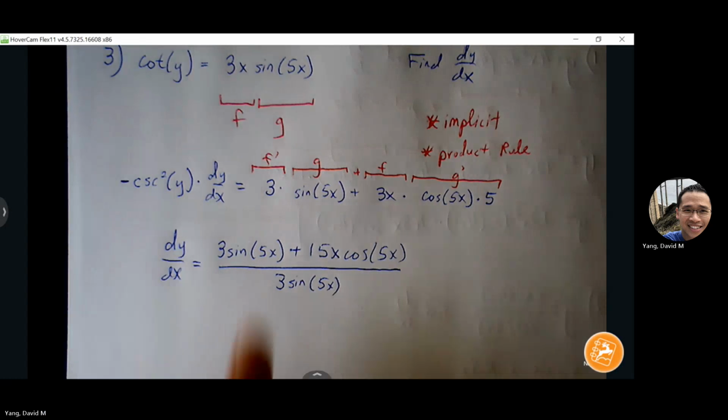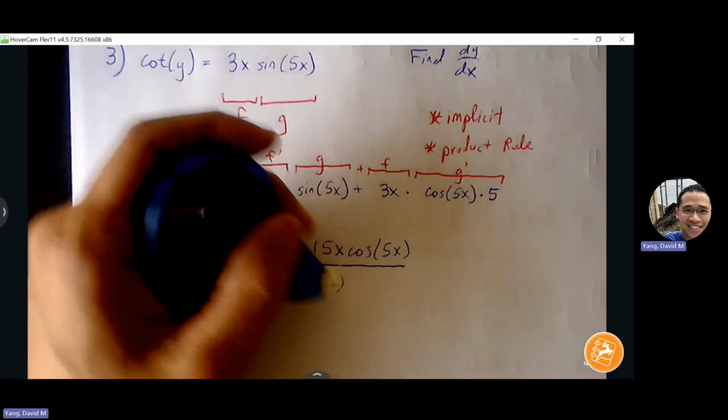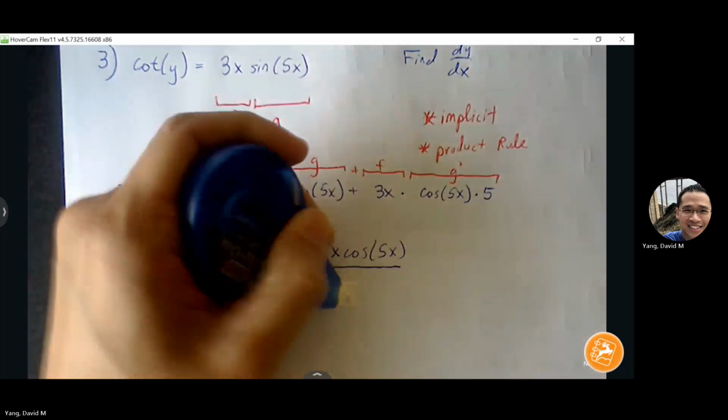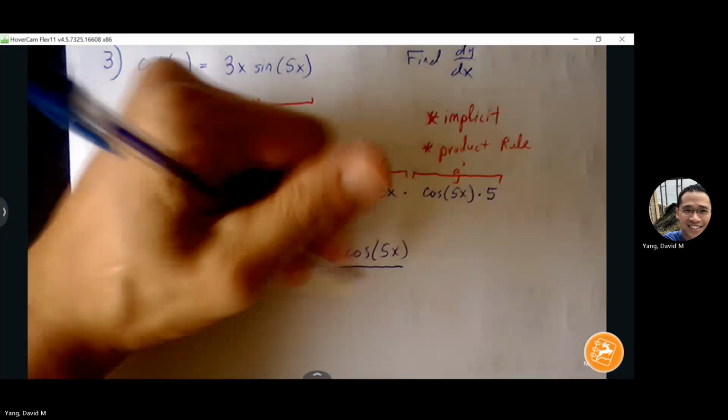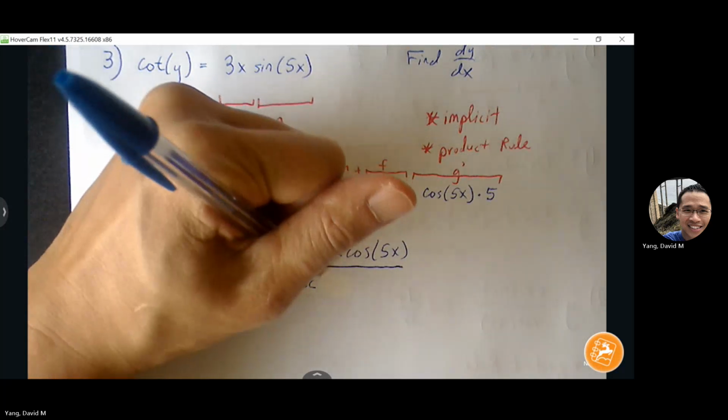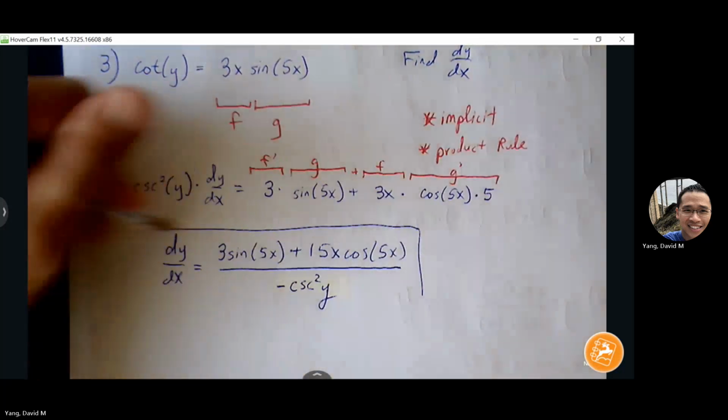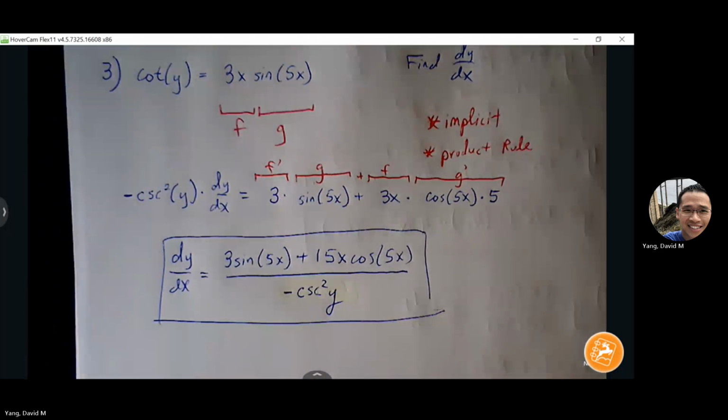Oops, sorry, divided by negative cosecant squared y. Any questions with 3?